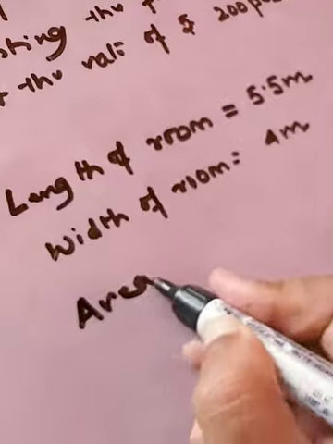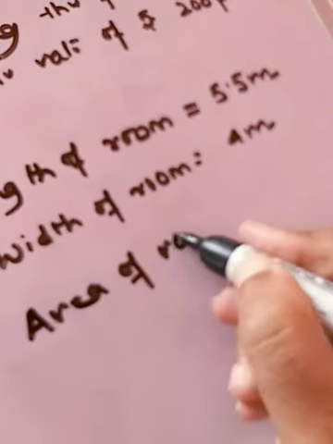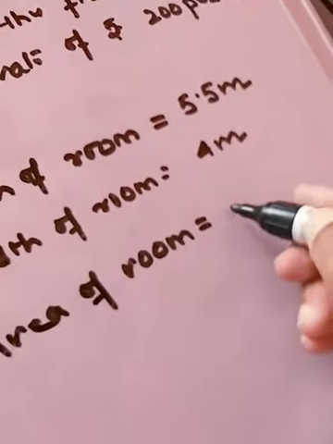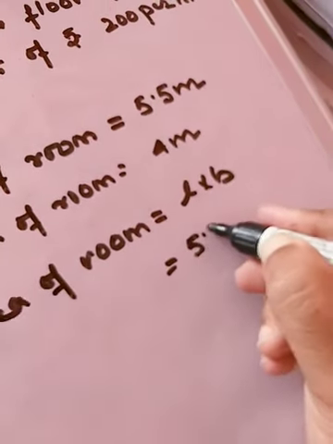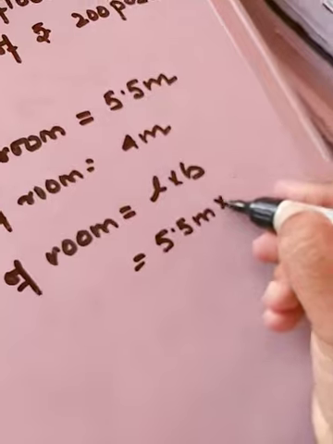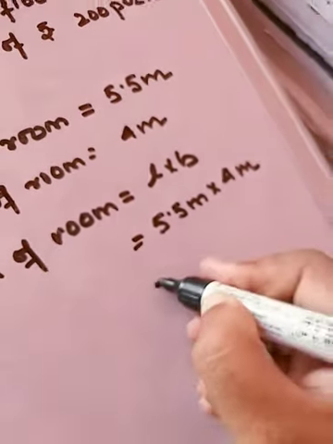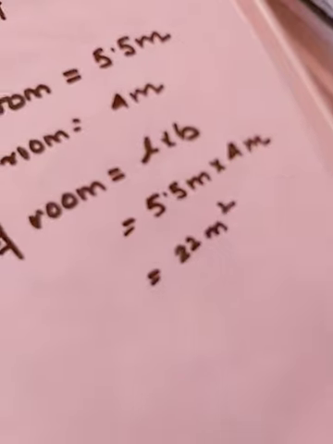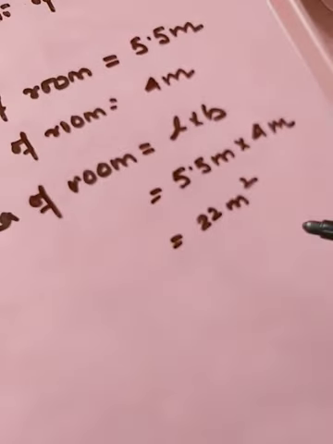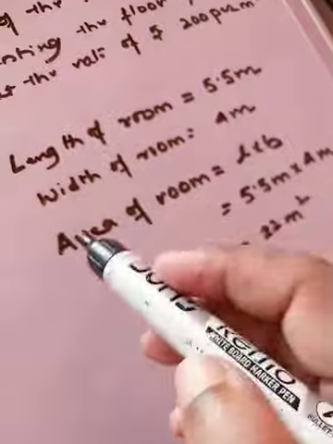Now area of room: we first write the formula, length into breadth, that is 5.5 meter into 4 meter. The answer would be 22 meter square if we multiply it. This is the area of the room.